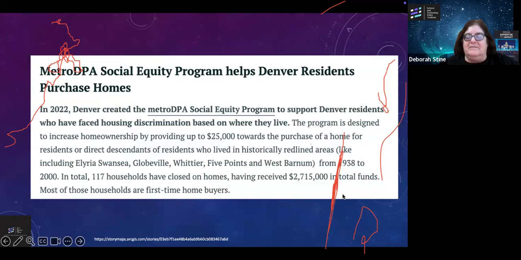And what they did is they provide up to $25,000 toward the purchase of a home for residents or direct descendants of residents who were in historically redlined areas. Looking at this time period, of those 117 closed homes, they got 2.7, and most of them were a million. And most of them were first-time home buyers.